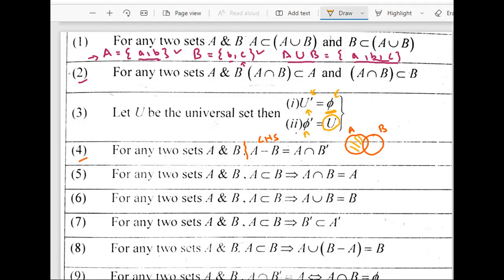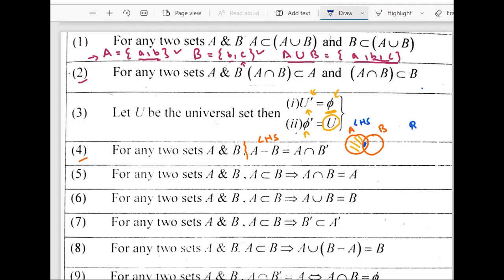So obviously I will not write down these intersection elements. I will miss these, and I will only have the yellow region. So the yellow region would be the final region, and this is basically the left hand side.